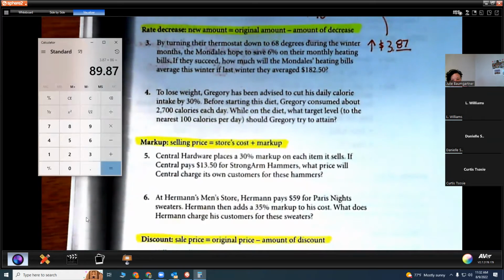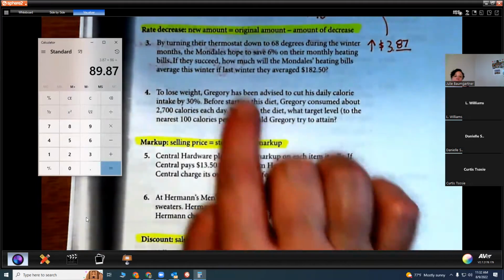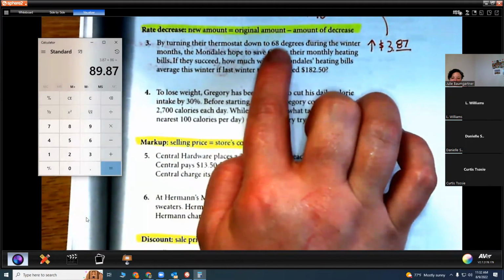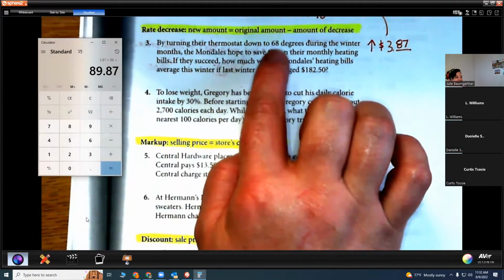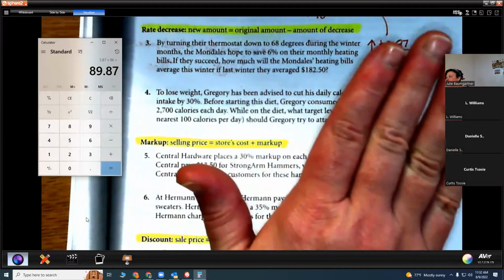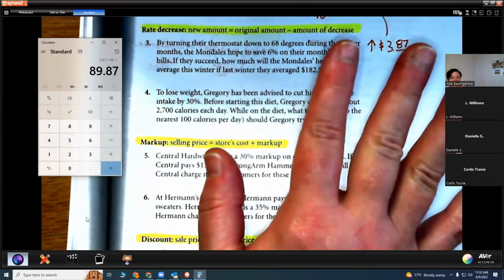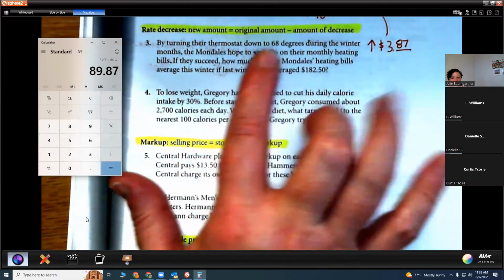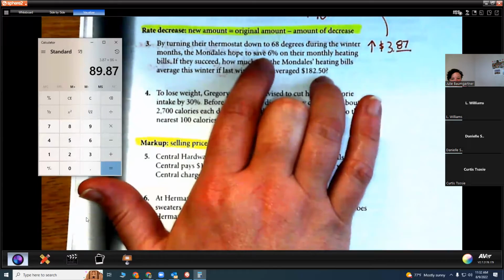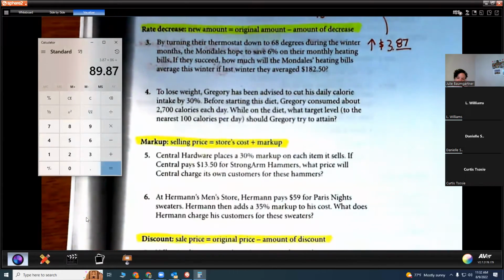If they succeed, how much will the Mondellas' heating bills average if last winter they averaged $182.50? Okay, so hopefully everyone can see that the 68 degrees is just extra noise. We just need these two numbers. So hopefully everyone caught that.